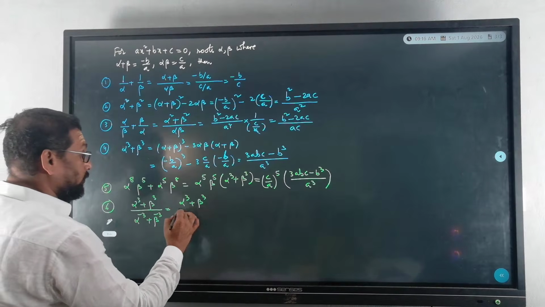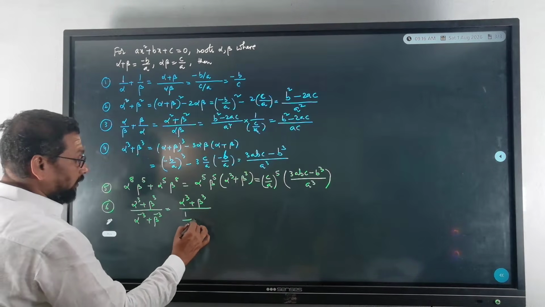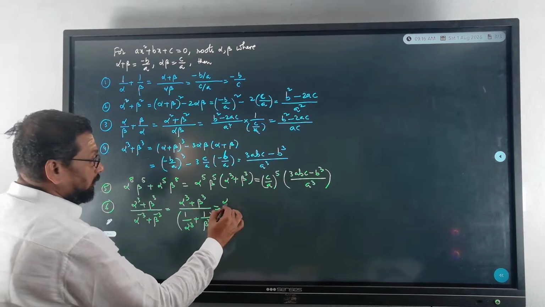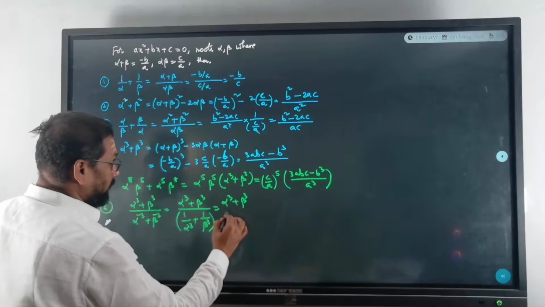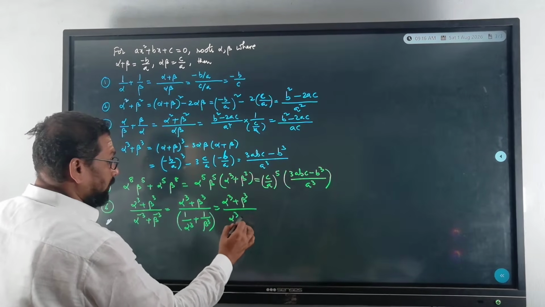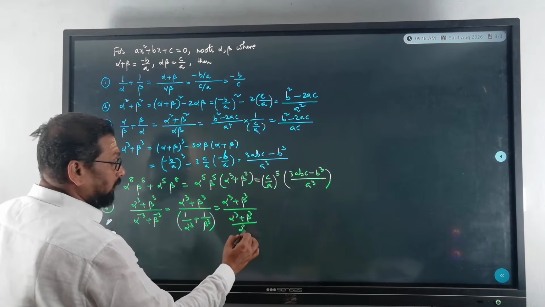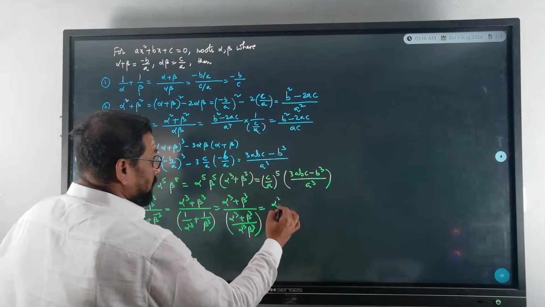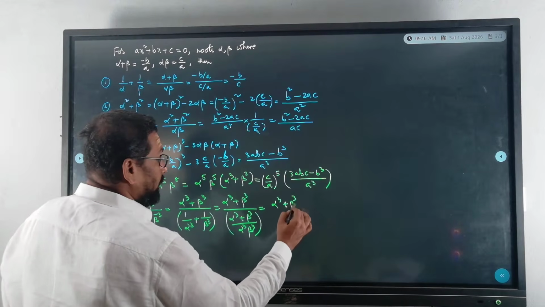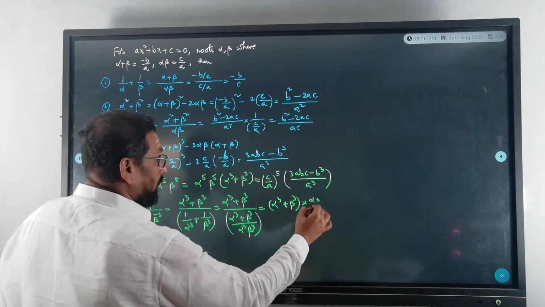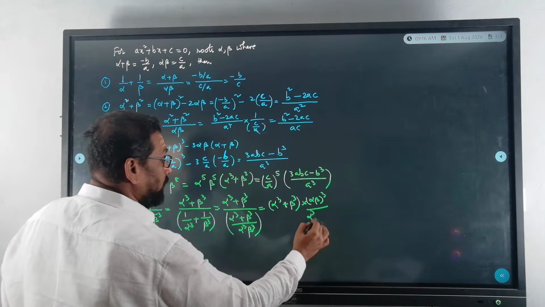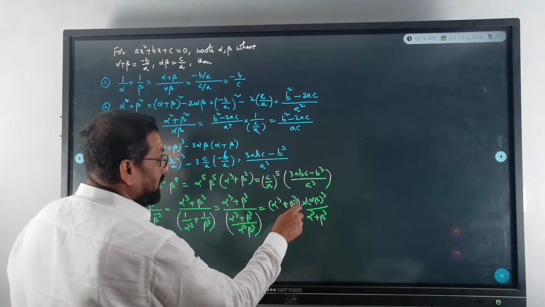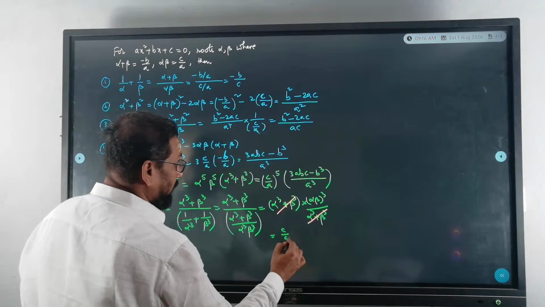Alpha cube plus beta cube by 1 by alpha cube plus 1 by beta cube. So alpha cube plus beta cube by alpha cube plus beta cube over alpha cube beta cube, taking the LCM. So alpha cube plus beta cube into alpha beta whole cube by alpha cube plus beta cube. These two get cancelled, and it becomes c by a whole cube.